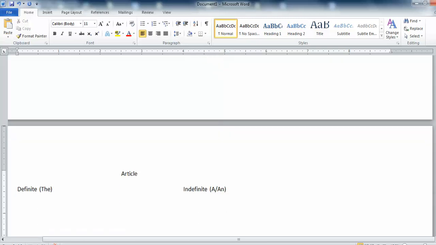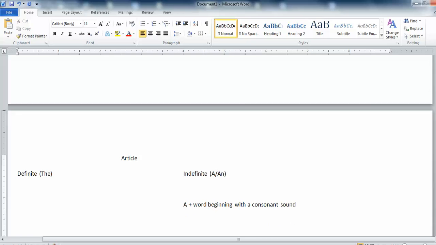You use the article a in front of a word beginning with a consonant sound. Not just a consonant, a consonant sound. I'll demo that in a second. And you use an in front of a word beginning with a vowel sound.